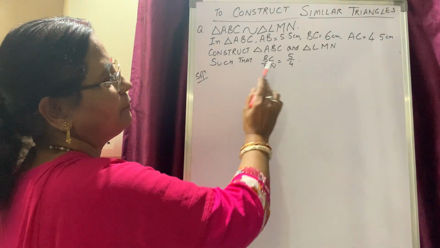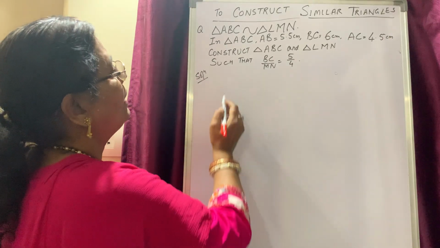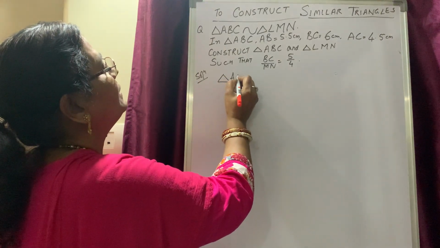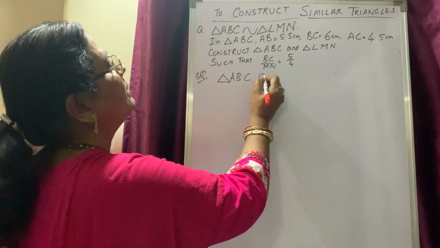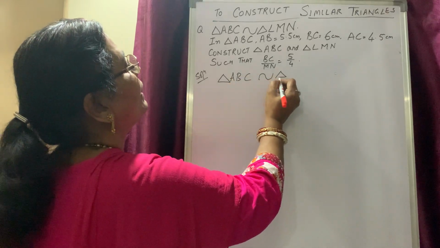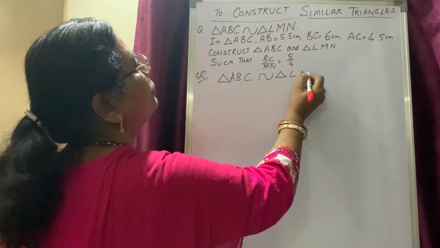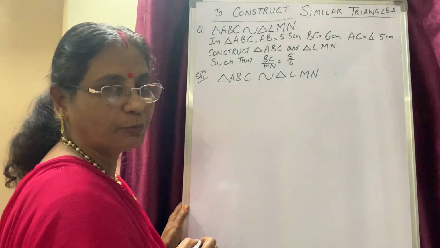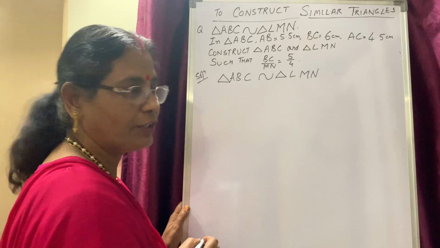is 5 upon 4. Now, it is given that triangle ABC is similar to triangle LMN. When two triangles are similar, their corresponding sides are in proportion.